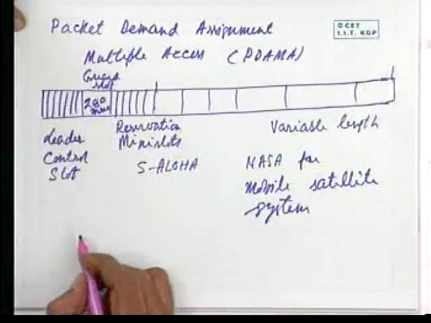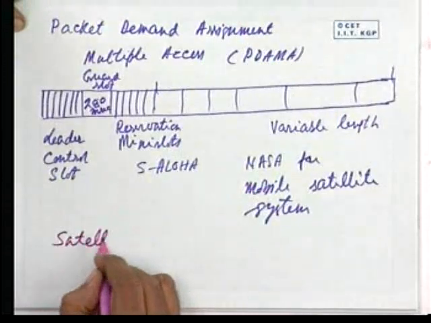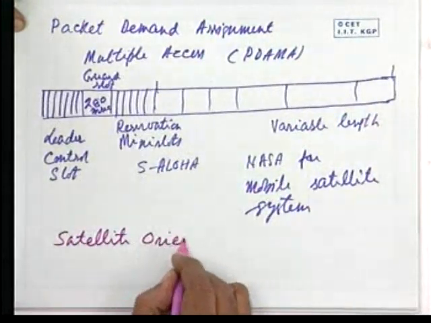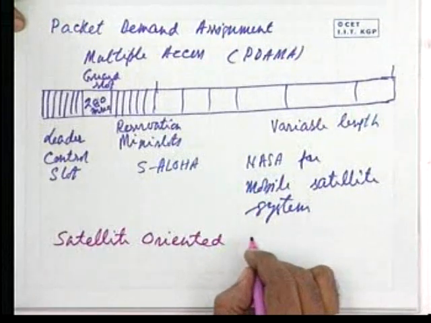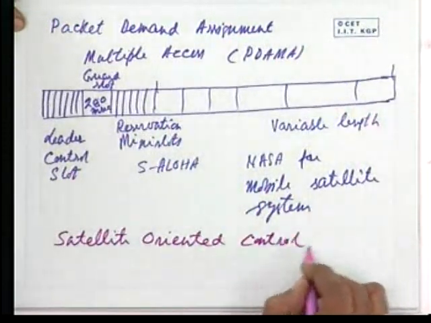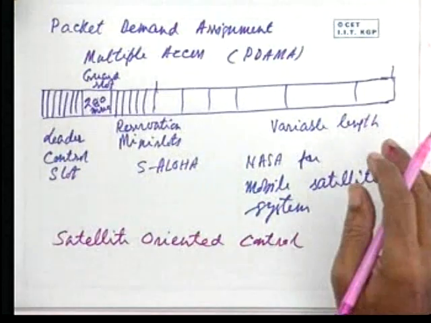But you can use the satellite as a controller, and which will do the reservation for different stations. And based on this, satellite oriented control has also emerged, where different reservations can be done by ground stations, and in the satellite there will be a controller which will do the reservation, and accordingly in different slots the communication will be performed.